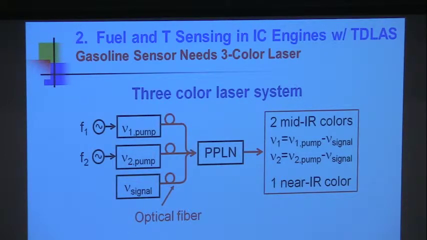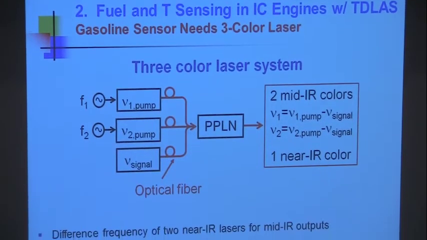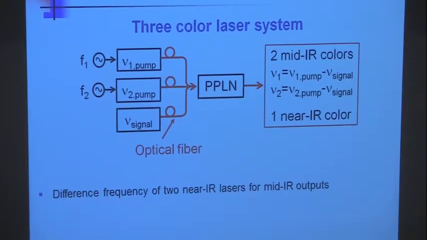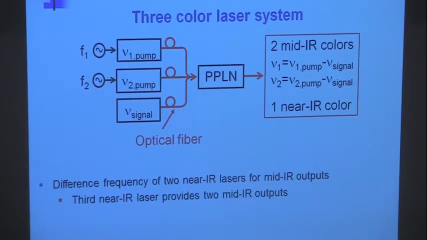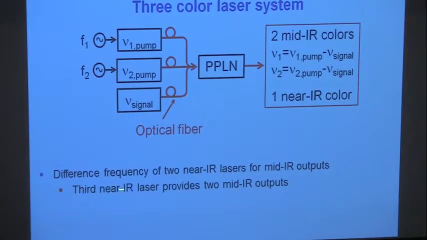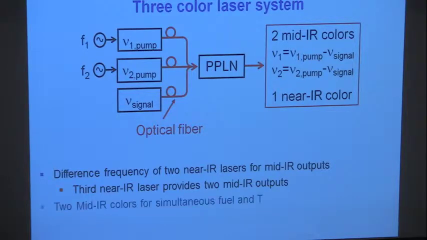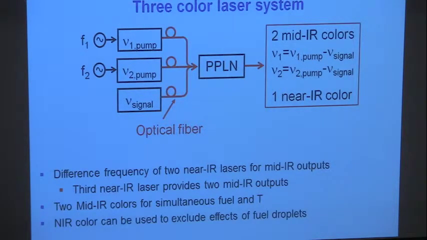This was a challenge to build this laser system. Now you could probably just buy these lasers, but it costs money. We used the third near-infrared laser to deal with what we call non-resonant scattering. So we used two colors to give us simultaneously the temperature and the fuel, and then the third color to deal with the effects of fuel droplets.